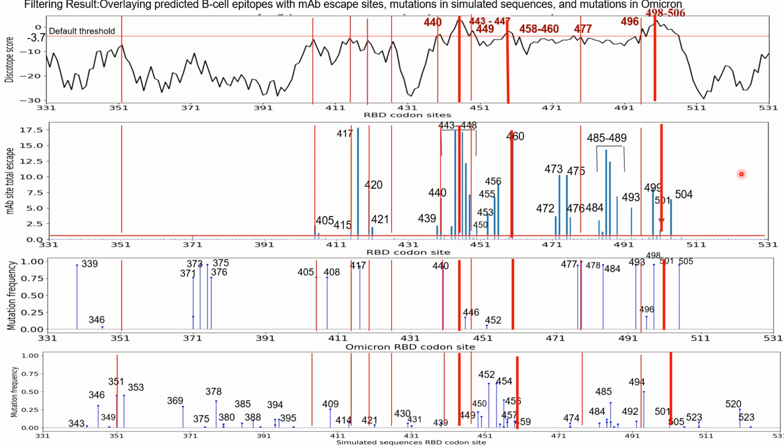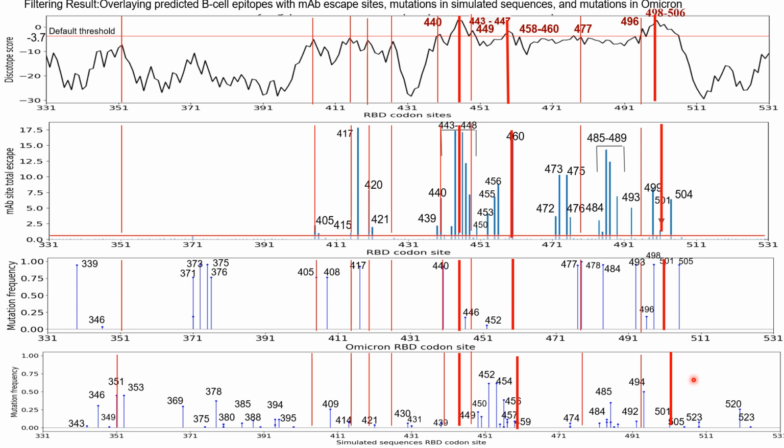The other promising site is residue 501, which has been identified as a B cell epitope, also has immune escape potential, and has been identified as a mutation in Omicron, and was also simulated by the model.